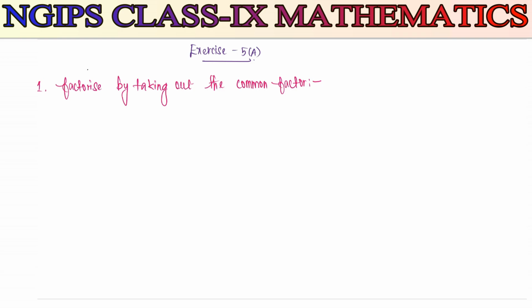Okay, the first expression we have here: 2 into (2x minus 5y) into (3x plus 4y) minus 6 into (2x minus 5y) into (x minus y). Now here we have two terms. This minus is going to separate the terms.